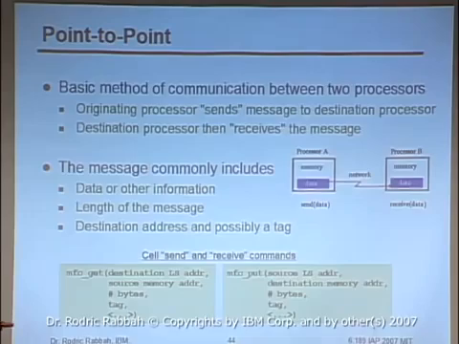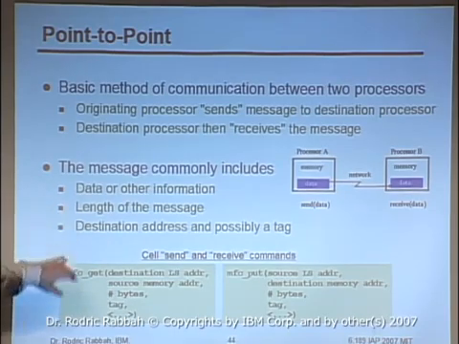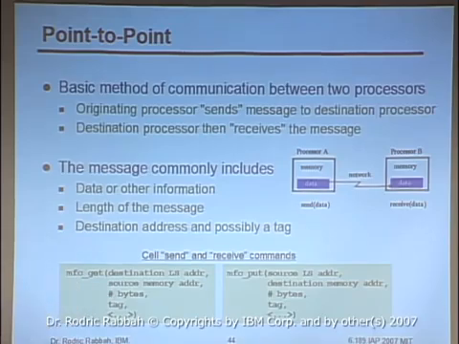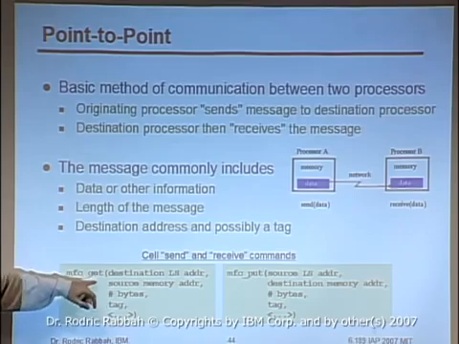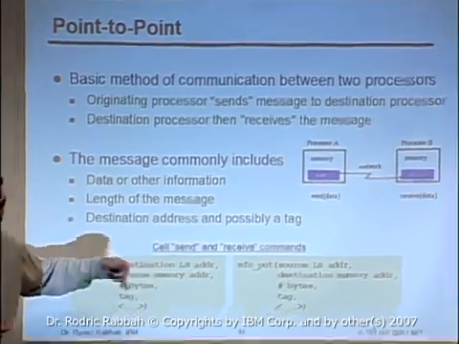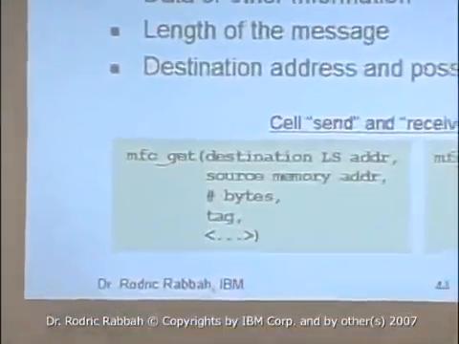And the message in this case would include how the data is packaged, some other information such as the length of the data, destination, possibly some tags so you can identify the actual communication. And there's a natural mapping for the actual functions on cell. There's a get for the send and a put for the receive.